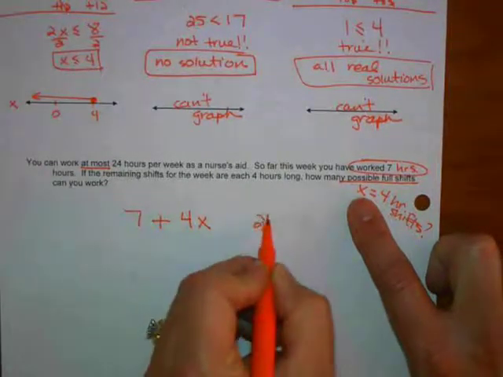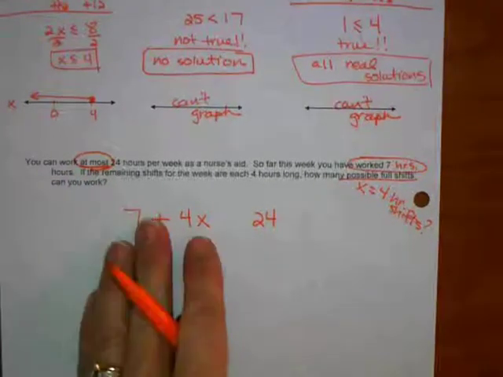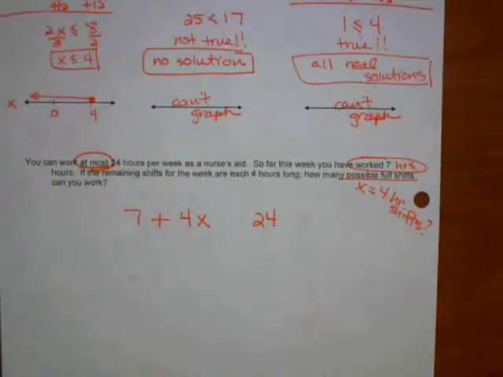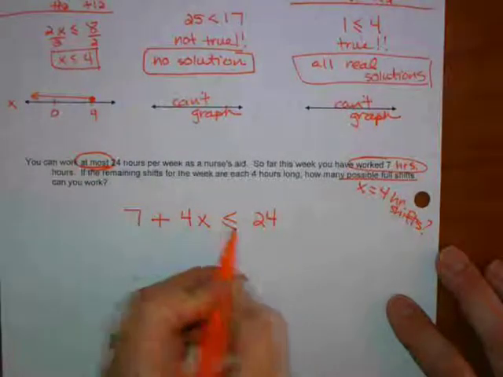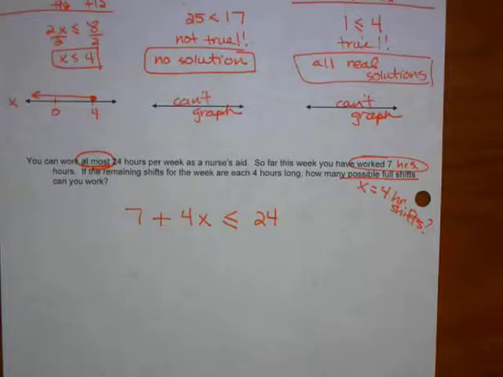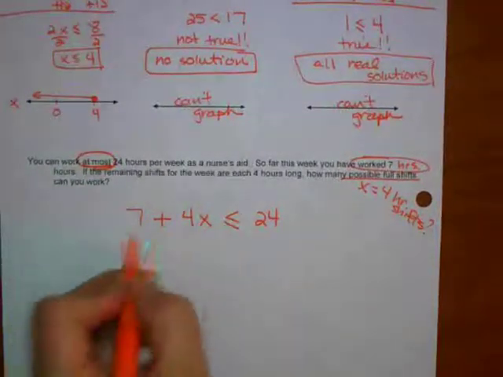Equals 24. Not equals, remember it's at most. So I want this side to be less than or greater than 24? Less than. Less than or equal? Because I can work up to 24, at most 24. So write both sides first and then figure out what goes in the middle.